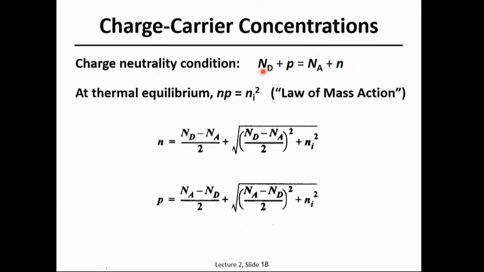Then we will say N square plus N times Na minus Nd minus Ni square equals 0. So we have a quadratic equation and we solve it. For P, it is the same thing. If I want P instead of N, I will say P equals Ni square over N.